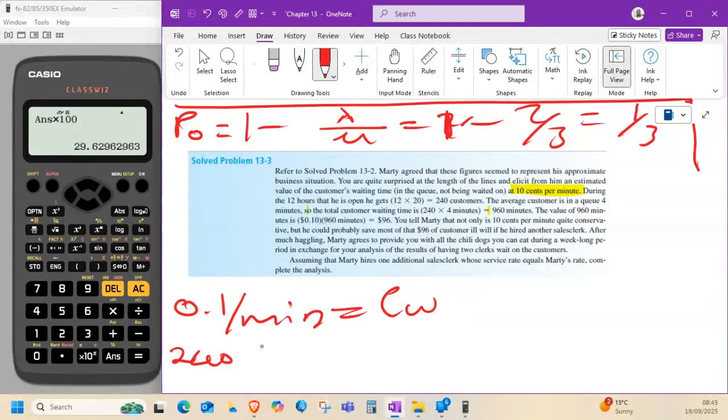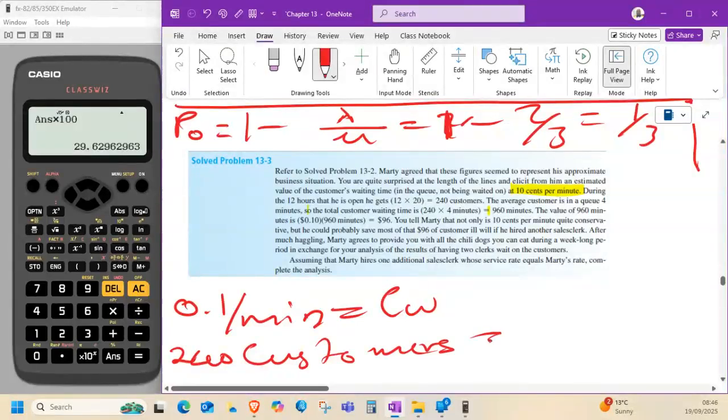So the total customer waiting time is 960 minutes. So if this is customers and their total waiting time is 960 minutes, that's going to be a W like that, waiting in the queue. So you need to know where they're waiting, in the system or in the queue.